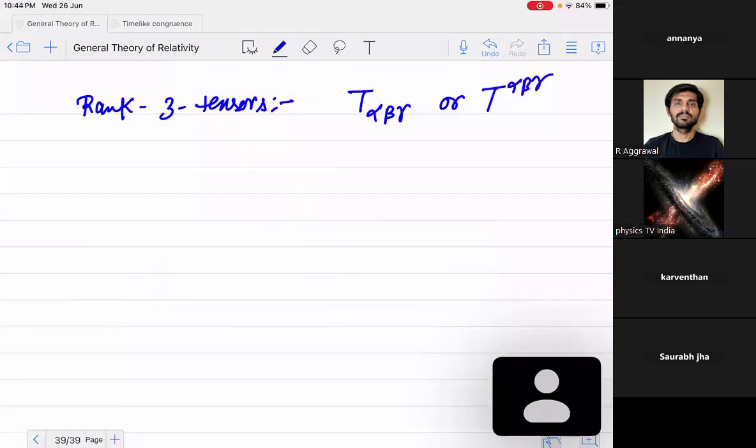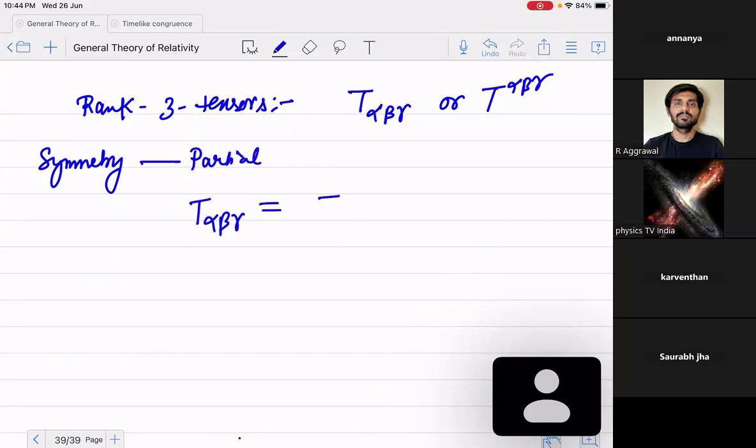Okay, so let's choose the covariant tensor. So first discuss the symmetry part. Partial symmetry, individual. T alpha, beta, gamma will be symmetric to T beta, alpha, gamma.